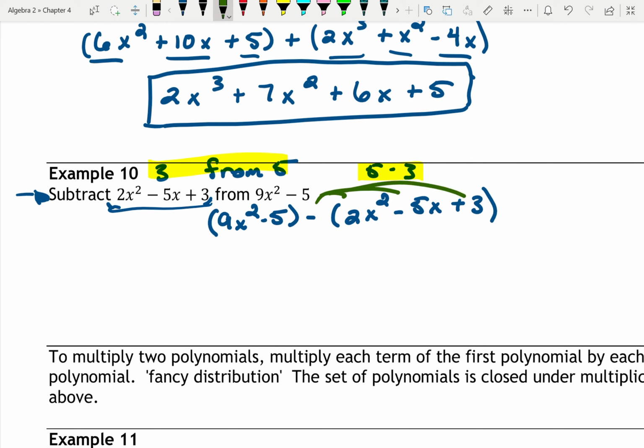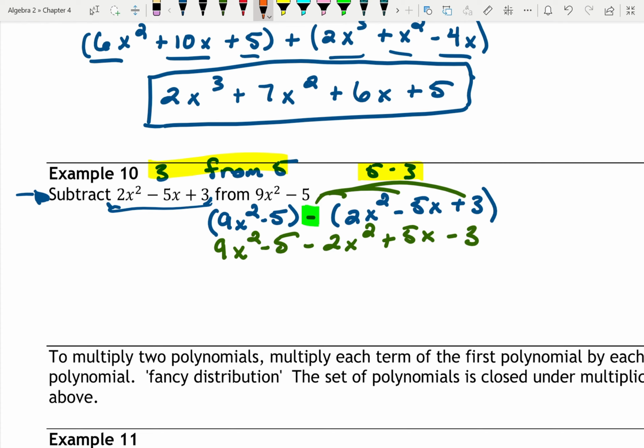So this is a little bit more complicated than the previous problem. The first part, 9x squared minus 5, doesn't have any change at all. Now I distribute the negative, and I'll have a negative 2x squared plus 5x minus 3. Not too crazy. I distributed this negative to all three of those terms.